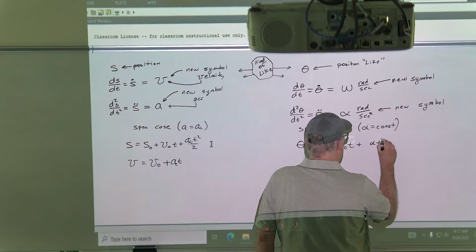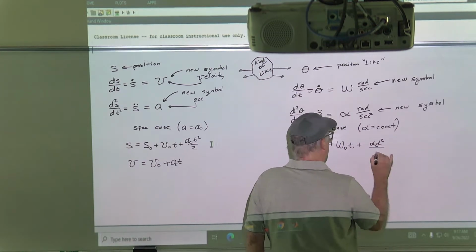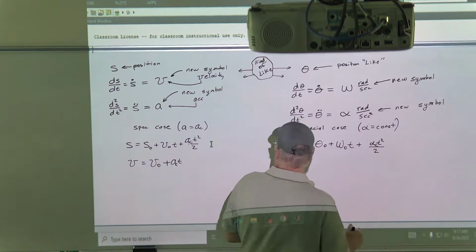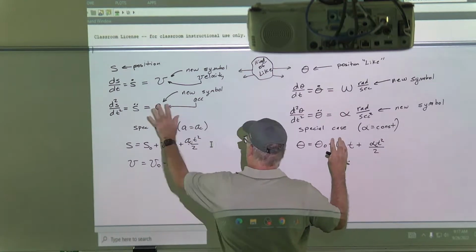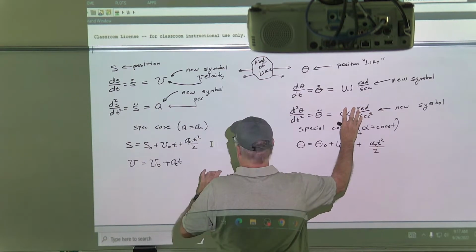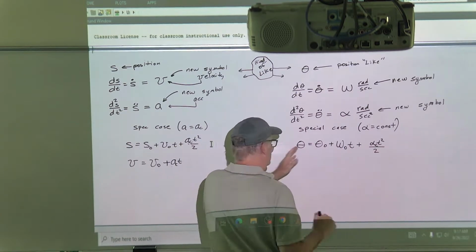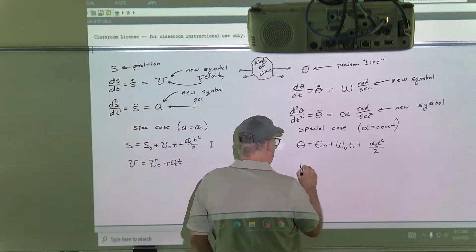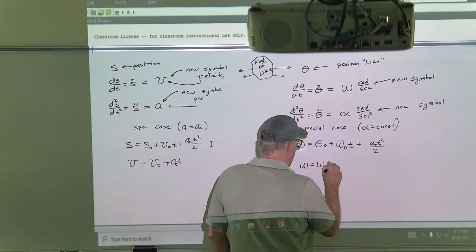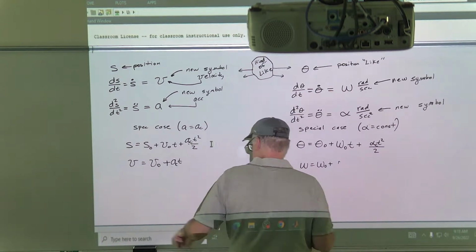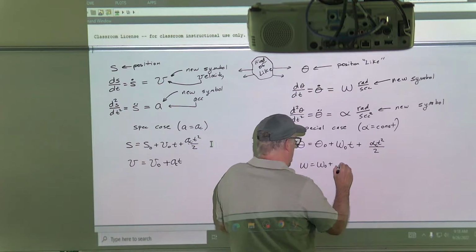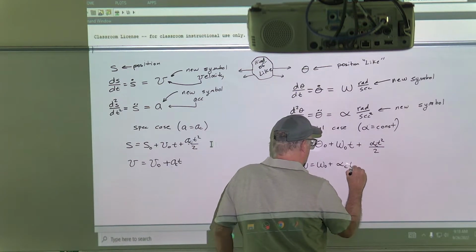Alpha constant t squared over 2. So if you compare apples to oranges, you find out they're kind of the same. The equation looks the same, and then you could say omega is equal to omega naught plus alpha constant t.